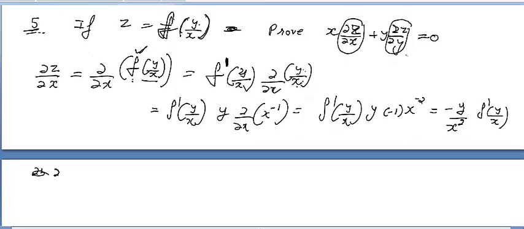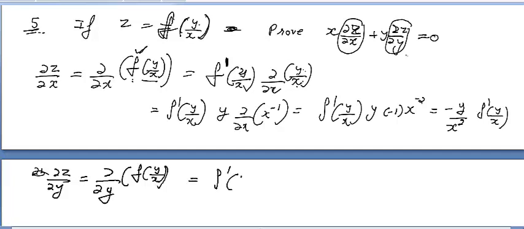Derivative of z with respect to y. When I find the derivative of z with respect to y, what you will get here is f of y over x. The derivative of f is f dash, and the derivative of y over x is again with respect to y.